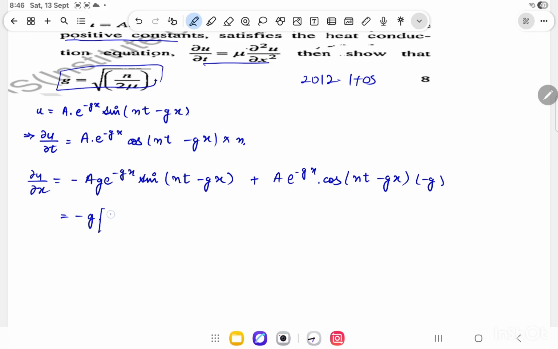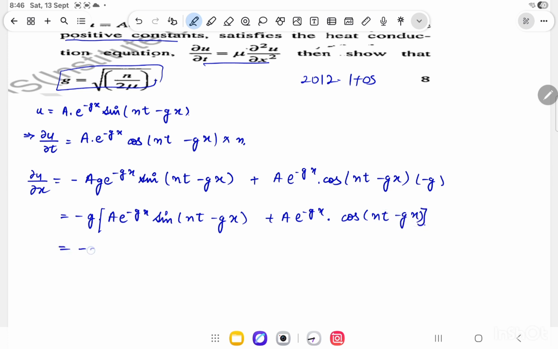So we'll get a into e raised minus gx sine nt minus gx plus a into e raised minus gx into cos nt minus gx.